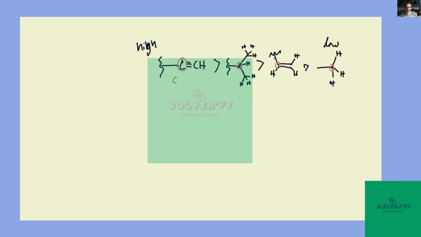I say carbon, carbon, carbon. Okay, now we'll look at our next structure. I see carbon, hydrogen, carbon. So in order of priority, that's carbon, carbon, hydrogen. Okay, for our next, we see carbon, carbon, hydrogen. And finally, we have hydrogen, hydrogen, hydrogen.